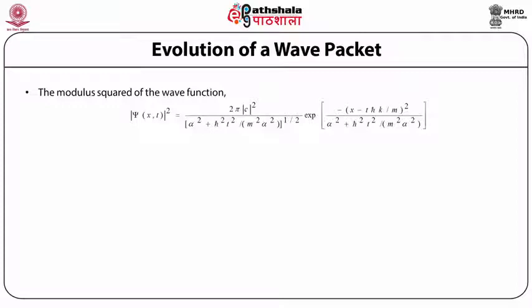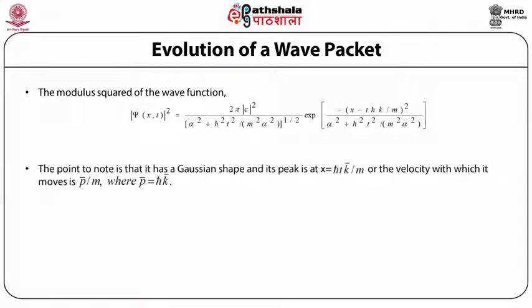The modulus squared of the wave function psi(x,t) modulus whole squared is equal to 2 pi modulus of C squared upon (alpha squared plus ħ squared t squared by m squared alpha squared) whole to the power half into exponential of minus (x minus tħk bar by m) whole squared upon (alpha squared plus ħ squared t squared by m squared alpha squared).